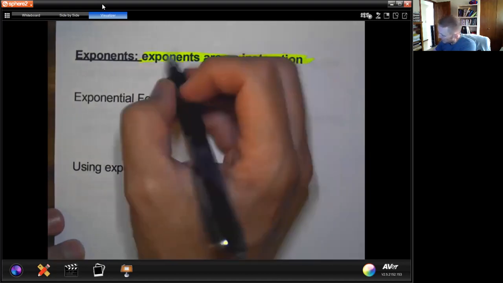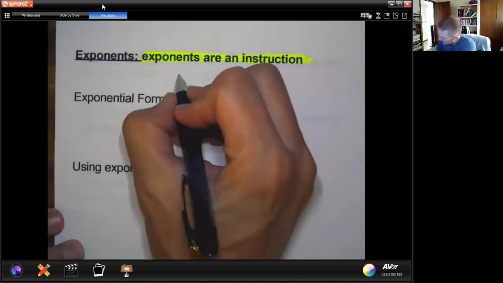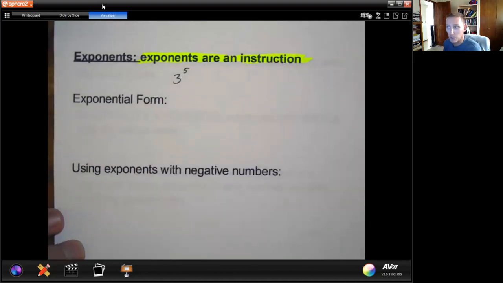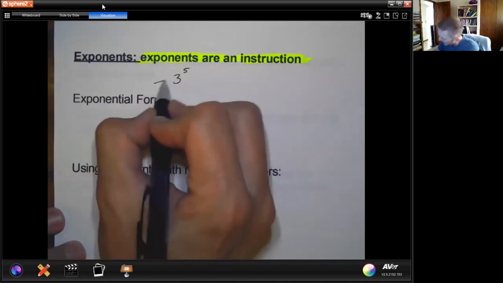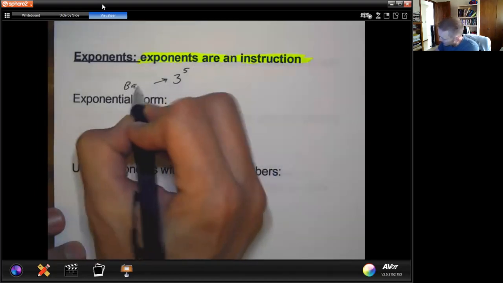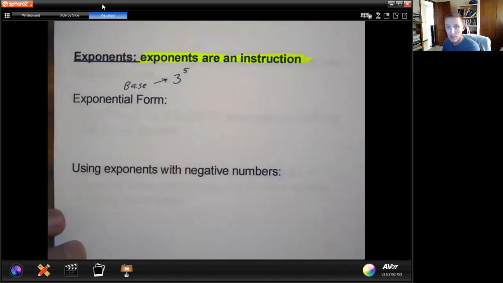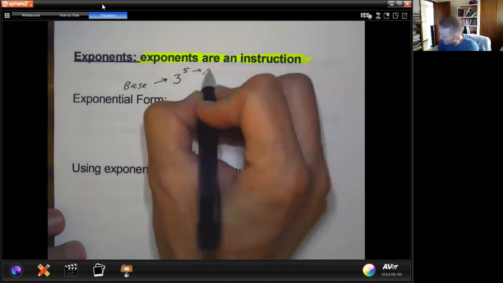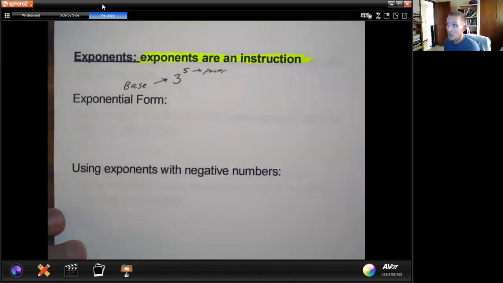So the first thing we're going to talk about is, what is an exponent? Well, if I look at this particular problem here, 3 to the 5th power. The 3 is what we refer to as the base. That's the base number. And then the 5 is the exponent, or also called the power. So 3 to the 5th power.